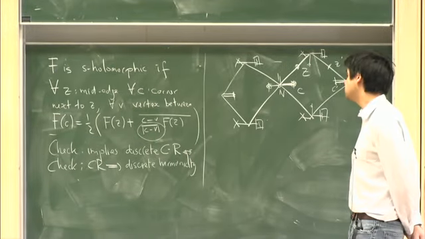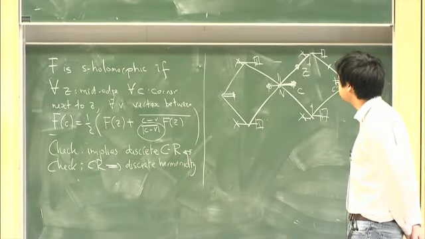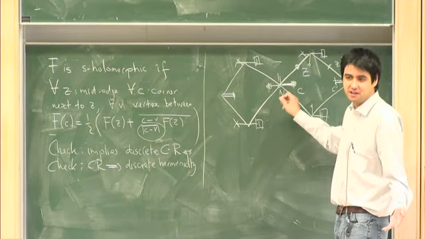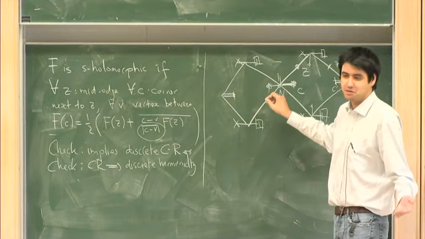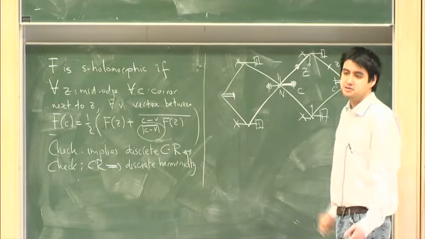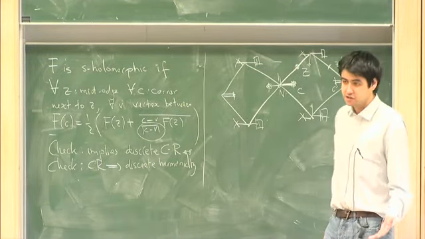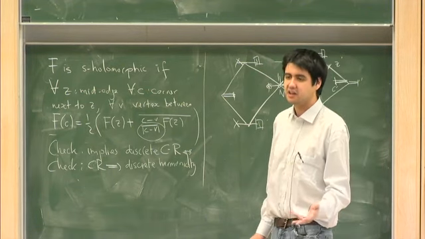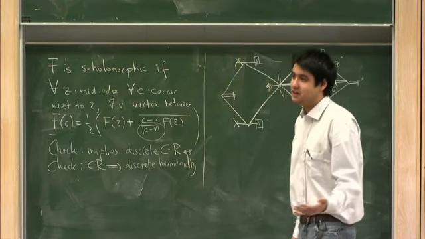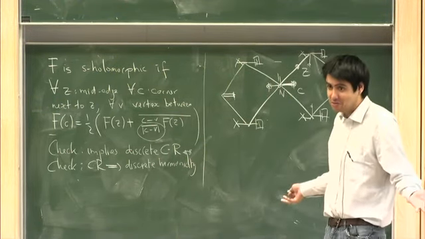I'd like to make a small comment at this point. In principle, you can check discrete harmonicity directly at the level of the corners. You could check in principle that the value here is exactly the average of the 4 values there. But the calculation is a bit complicated. As a matter of fact, I don't know anyone who has carried out this computation to the end. It's in principle possible because it's true.